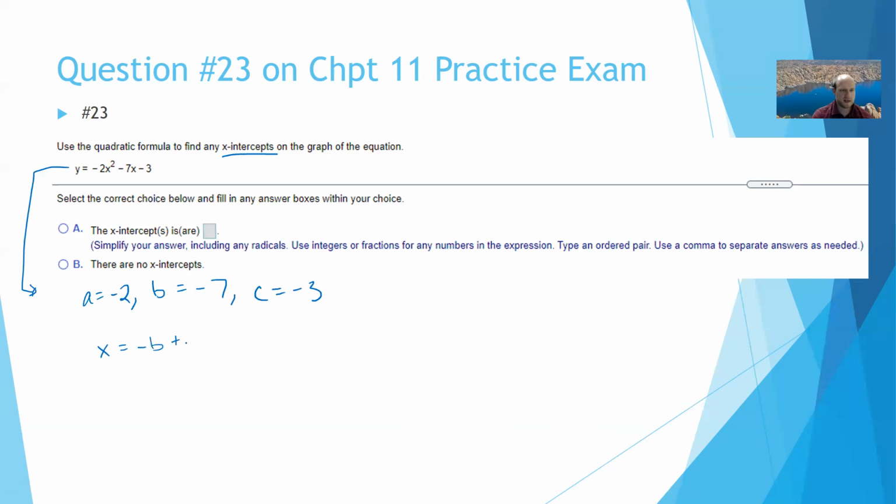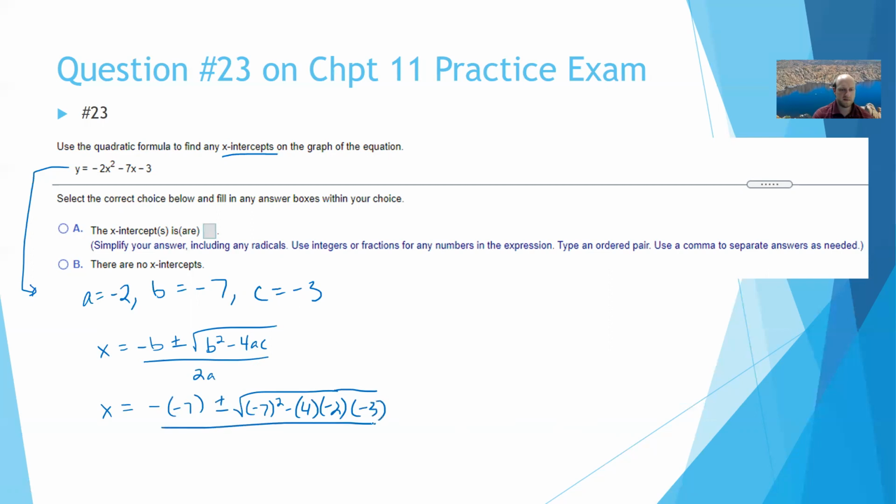Again, let me just copy it down. -b plus or minus the square root of b squared minus 4ac all over 2a. And so this is equal to negative times -7 plus or minus the square root of -7 squared minus 4 times the a value times the c value of -3 all over 2 times the -2.